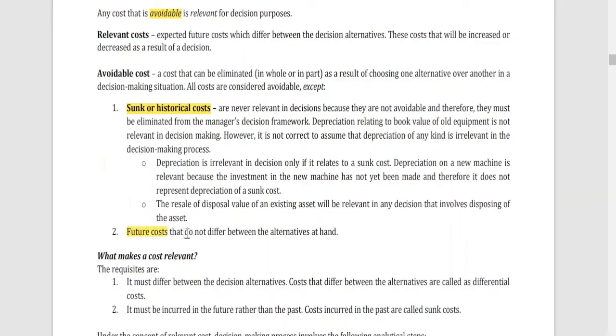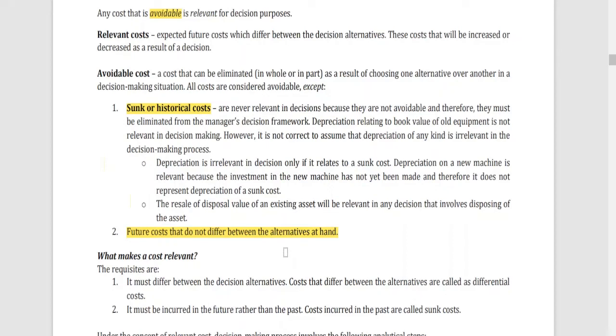Then, we have future costs that do not differ between the alternatives at hand. So, any future costs that will not differ from one alternative to another, they are not avoidable costs. Nga naman, dili man siya avoidable. Kay, whether you choose the first alternative or the second alternative or the third alternative, these costs will still exist.